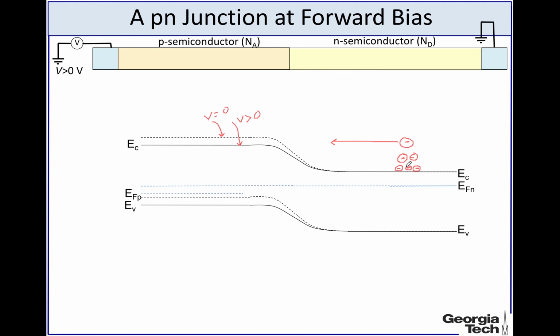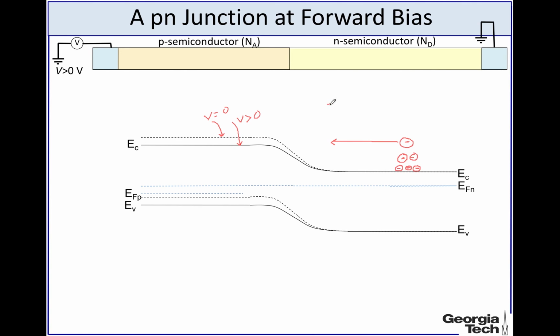This is essentially saying that the n side is now injecting more electrons to the p side, and the reason this is possible is because the barrier for electrons to move from the n side to the p side has now reduced with a positive voltage applied at the p side, or with a forward bias.